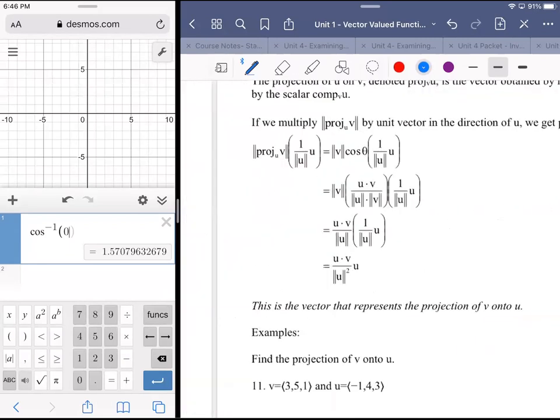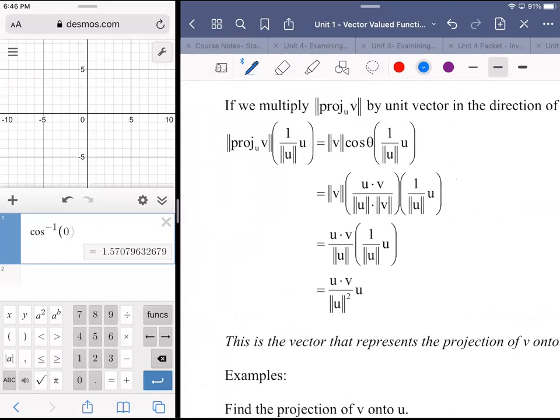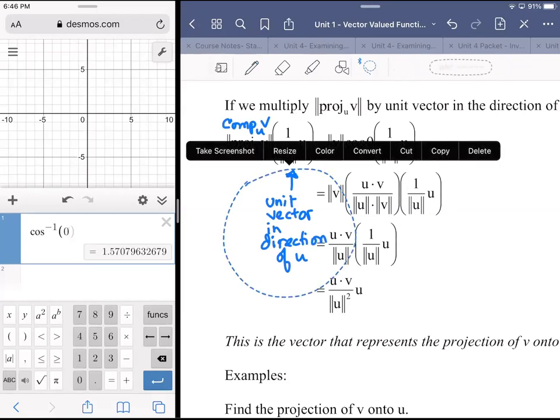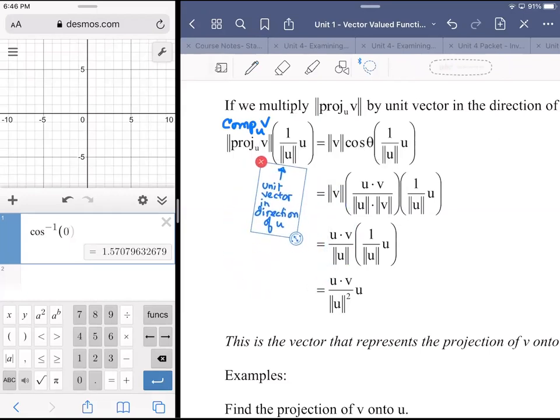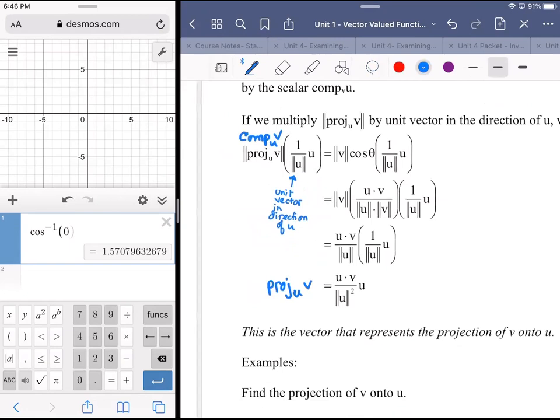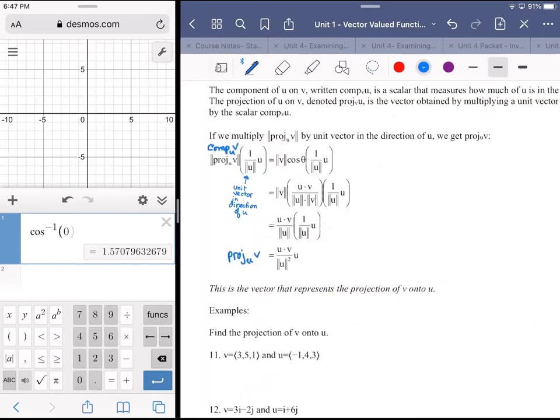And so if you multiply your component, comp of v upon u, by the unit vector in the direction of u, what you get as a result is the projection of v upon u.